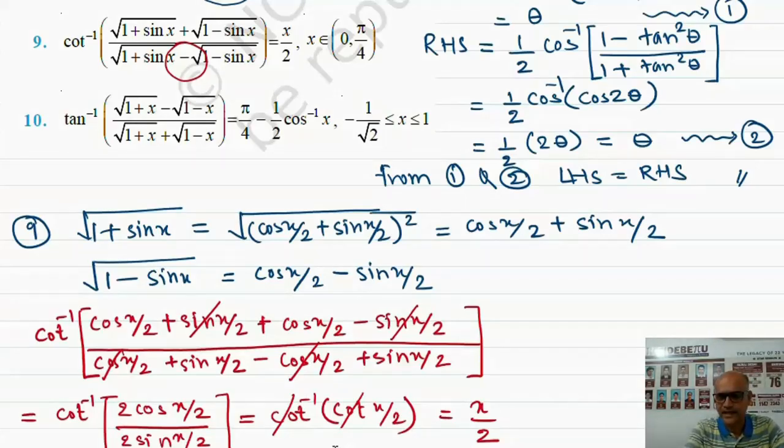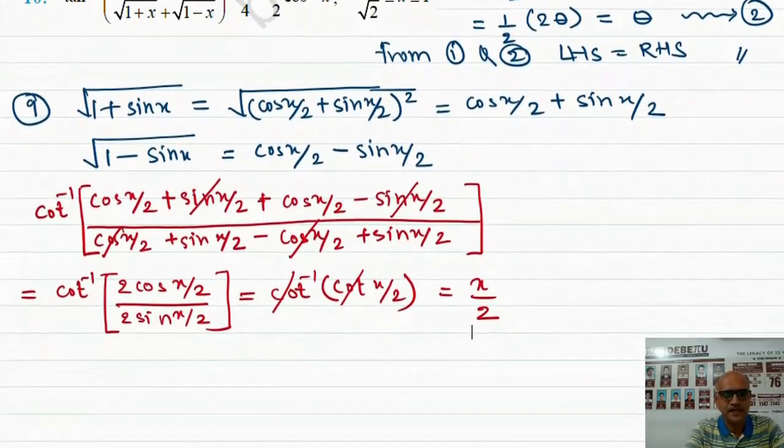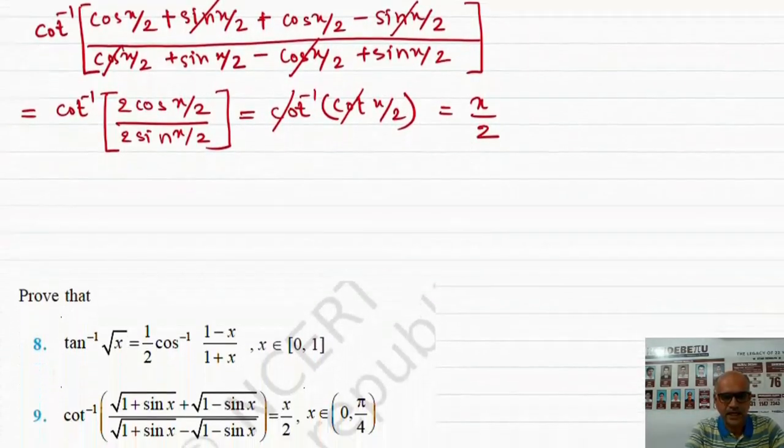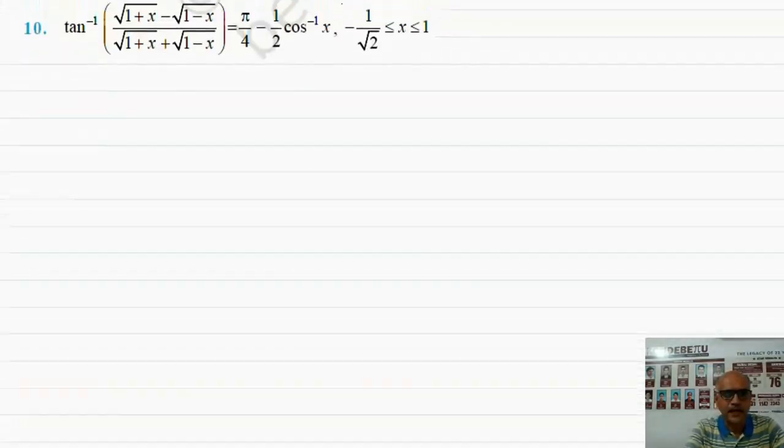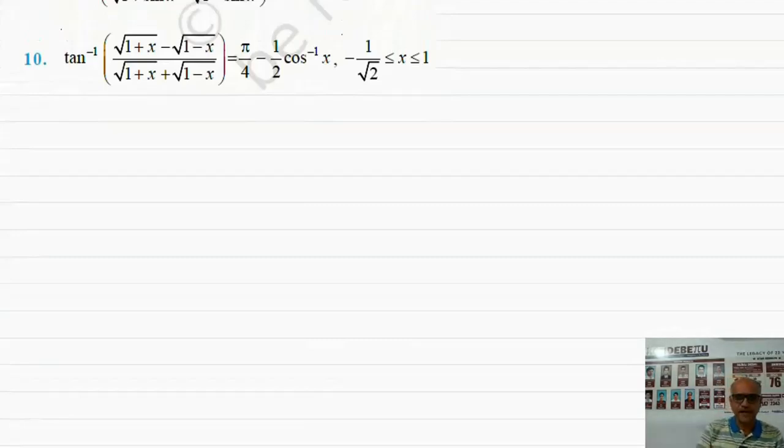Then finally the last one we will see, that is the 10th one: tan inverse of root of 1 plus x minus root of 1 minus x divided by root of 1 plus x plus root of 1 minus x. Remember this hint again: if inside the root you have both 1 plus x and 1 minus x, put x equal to cos 2 theta.